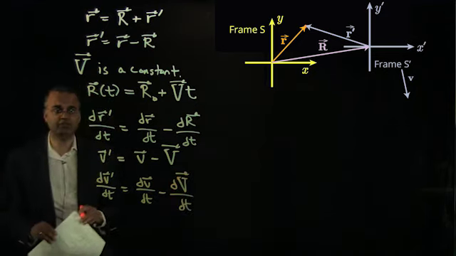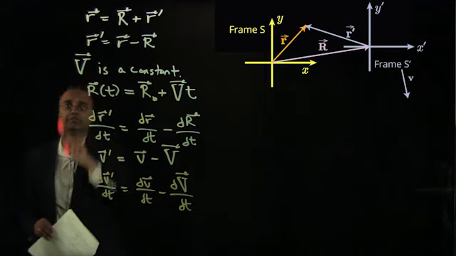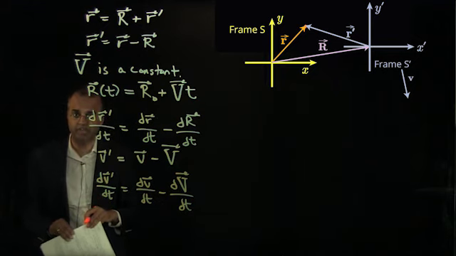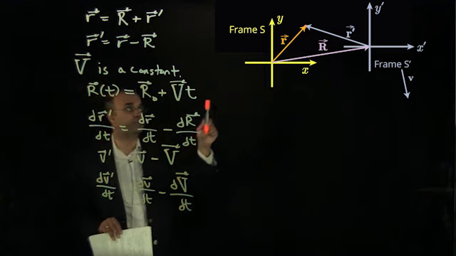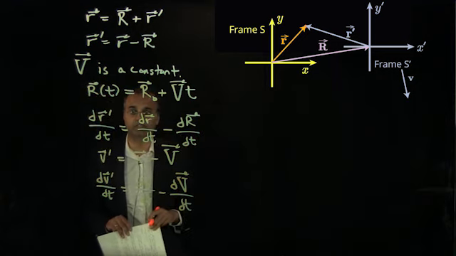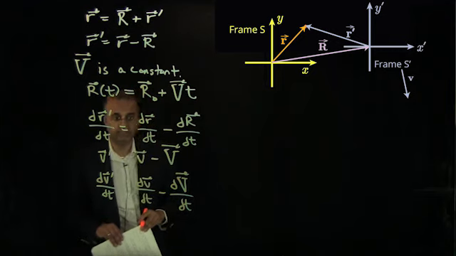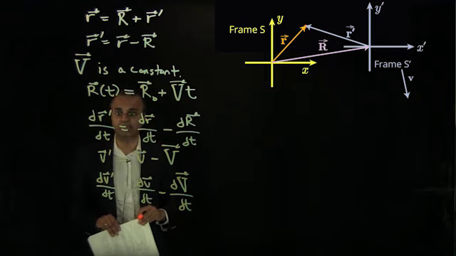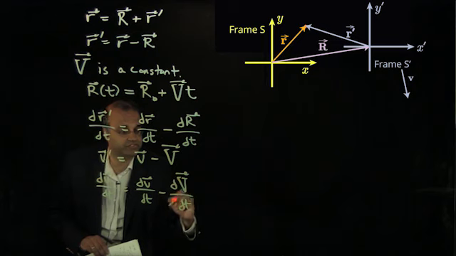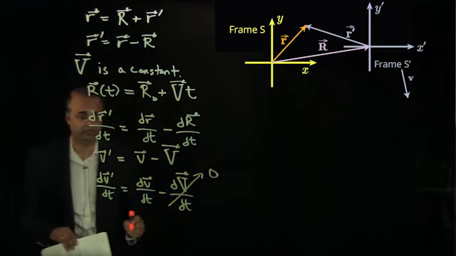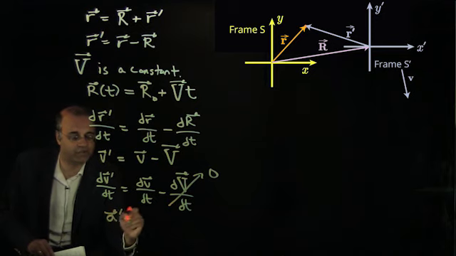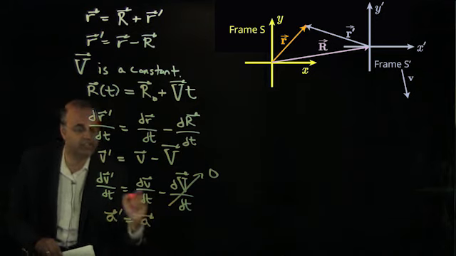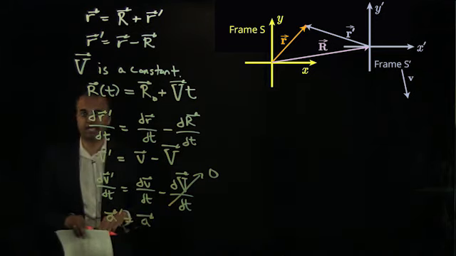But here something interesting happens, because remember we said that capital V is a constant vector. And remember, capital V is the velocity that frame S prime has relative to frame S. Okay? So since capital V is a constant, that means that this term goes to 0. And so we see that the acceleration in frame S prime is equal to the acceleration in frame S.